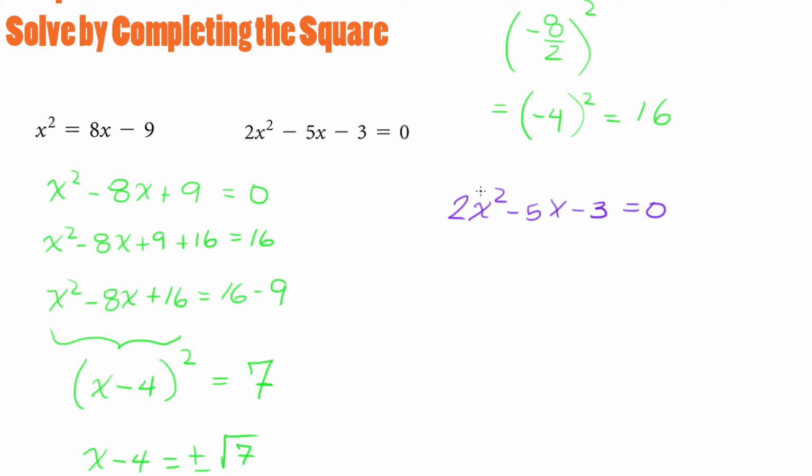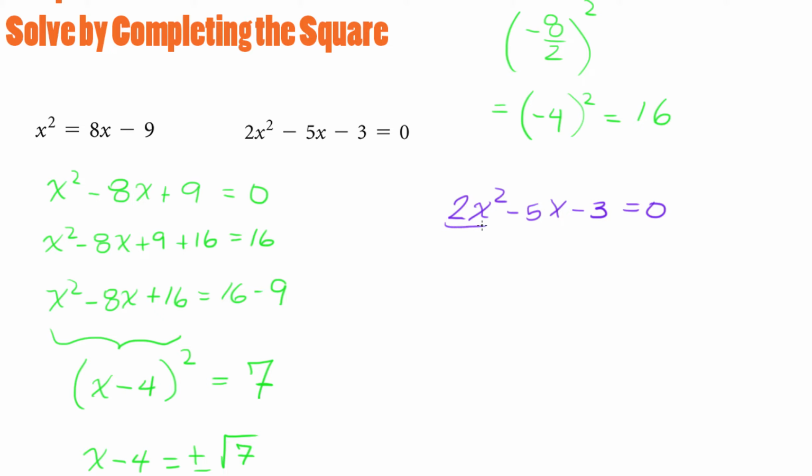Now, what you can do is divide everything by 2, on both sides. That's one option. Or we can factor the 2, whatever is easier. In my opinion, I think it's easier to just divide everything by 2.